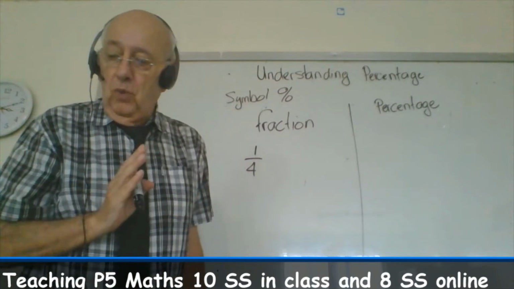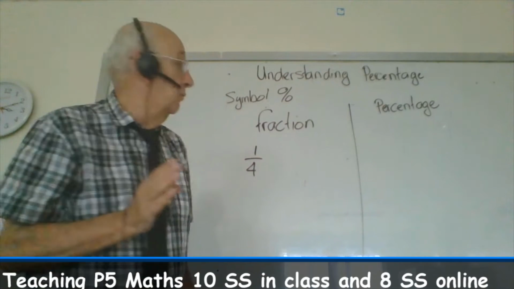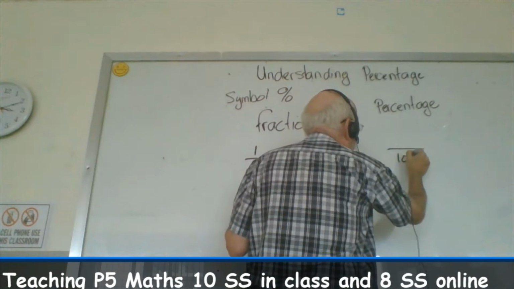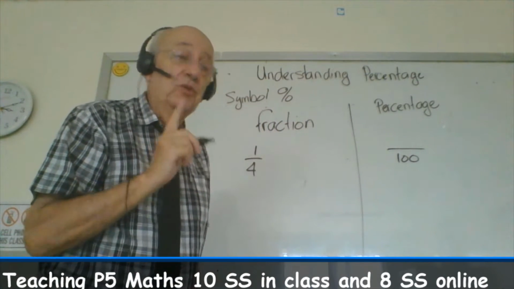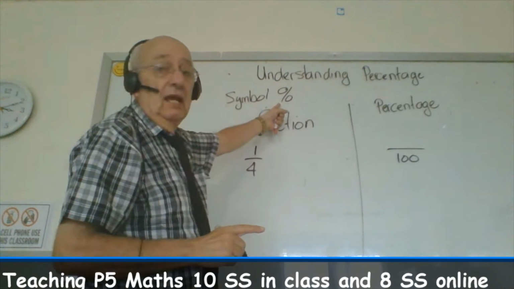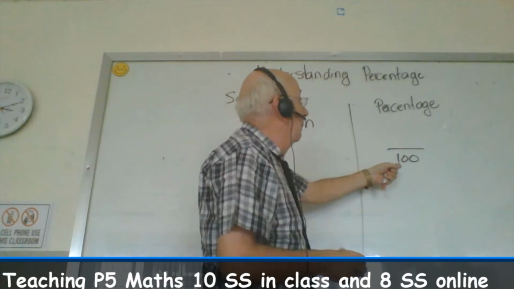Percentage is always measured to 100. So in the bottom in percentage, you're always going to have 100. Always. And also what you must remember, the symbol for percentage is like that. So percentage is always pronounced with 100.